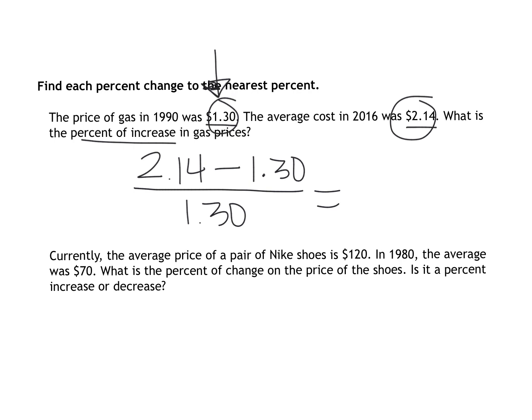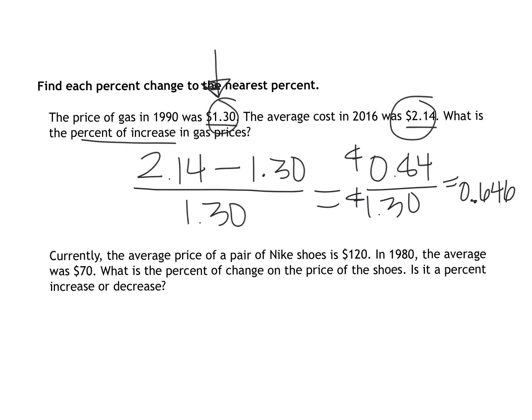In my calculator, I'm going to do 2.14 minus $1.30, which we just talked about was 84 cents. And then we are going to divide it by $1.30. And I get 0.646.